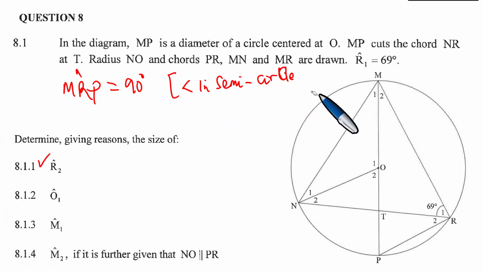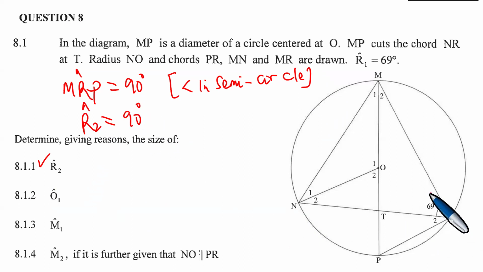And then R1 plus R2 is equal to 90 degrees. Right. So in other words, R1 plus R2 is 90 degrees. Then what is the angle R2? It is 21 degrees, which is exactly 90 degrees minus 69 degrees, which is exactly 21 degrees.